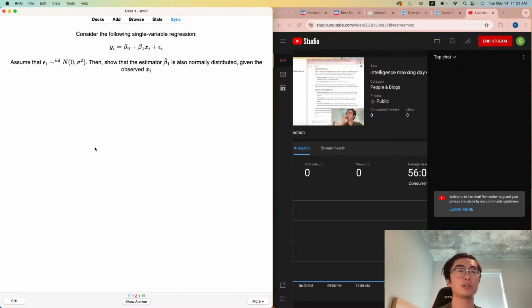So beta 1 is just the sum of a bunch of random variables, given that xi is fixed. You're just adding up a bunch of normal distributions together.